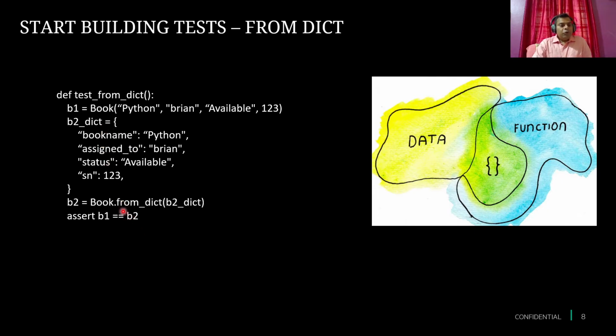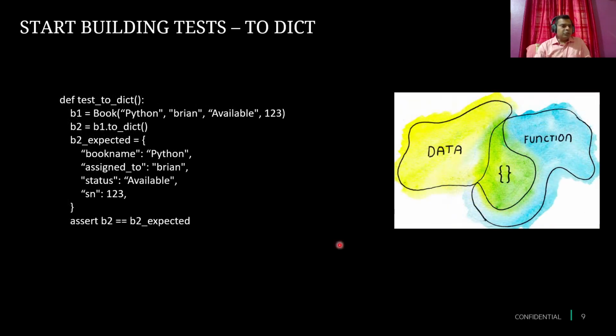But with the help of from_dict, which we are calling on top of the Book, we are passing the dictionary data and we are creating another book object. So b1 we have from the Book object, and b2 we got from this particular method. Now we have the b1 book object and the b2 book object created out of this method, and now we are comparing b1 and b2. It should be the same.